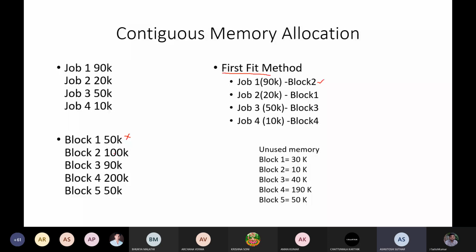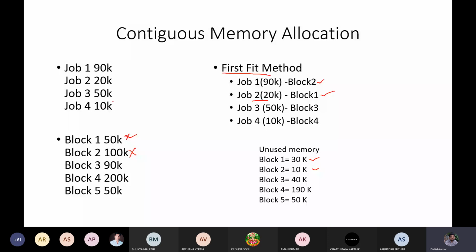Yes, sir. Now job 2, 20K will come and search. This is occupied, the others are free. So 20K will fit into block 1, and you allocate block 1 to job 2. The unused space is 50 minus 20, 30 kilobytes.